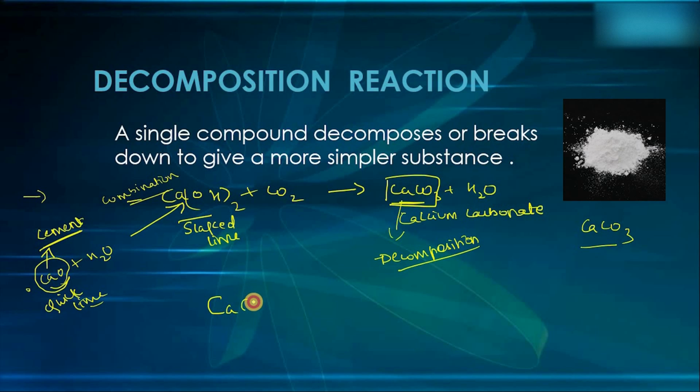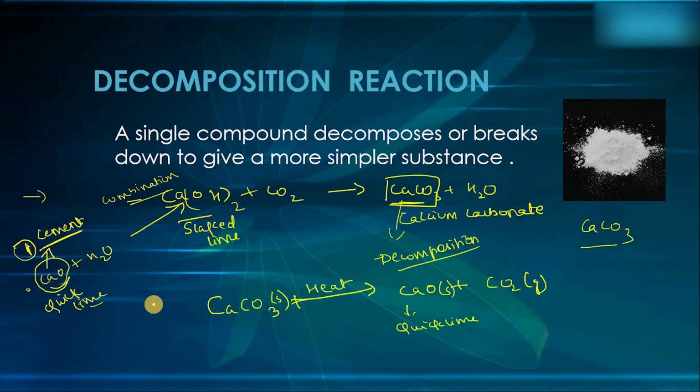So what happens is CaCO3 in the presence of heat gives me CaO plus CO2. That is gas. This is solid, also known as quicklime. Now I hope you can see the difference between these two reactions clearly. The first reaction is of combination type, while the second reaction is decomposition, in which my one reactant is giving me more than one product.